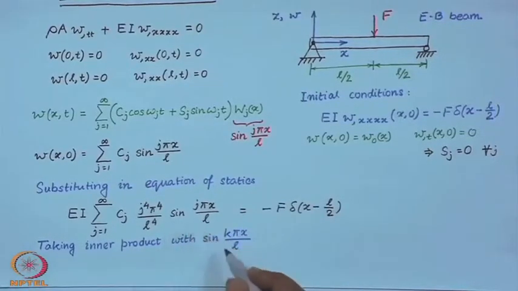Because of the orthogonality, this is going to filter out the kth term.